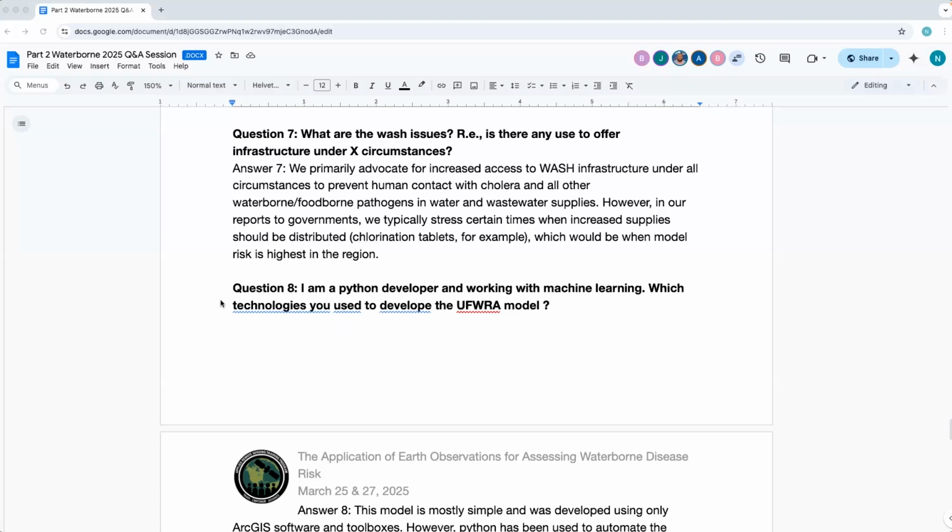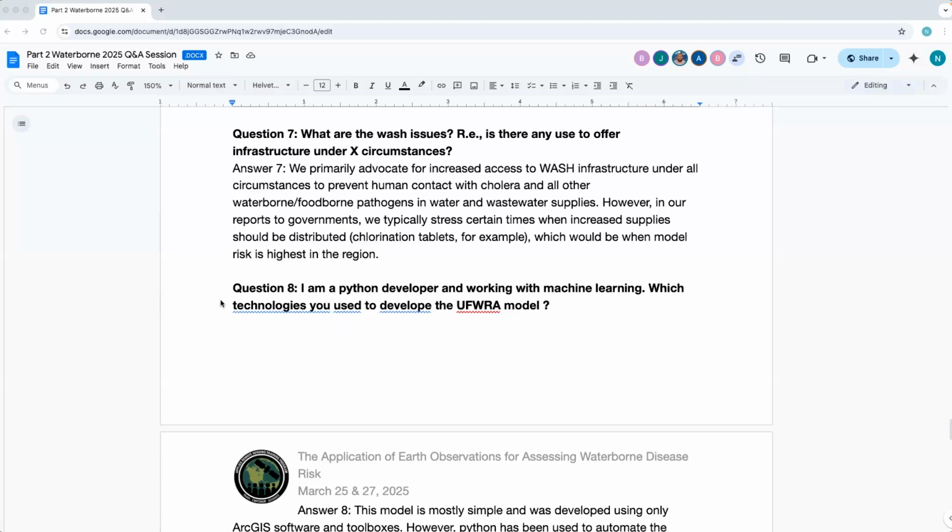Obviously one of the main supply distributions would be chlorination tablets for actual clean water. But we also recommend things like oral cholera vaccines, which are harder to come by, but are an option for sure. People from UNICEF and those kinds of organizations have a lot more access to those materials than we do, but it's something we would recommend.